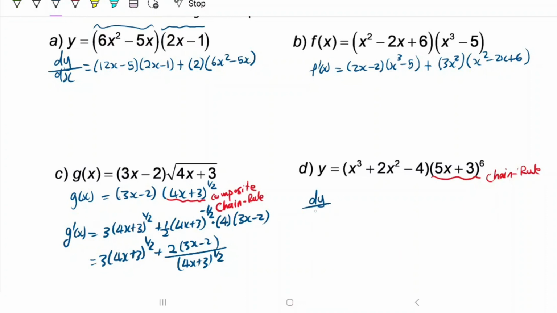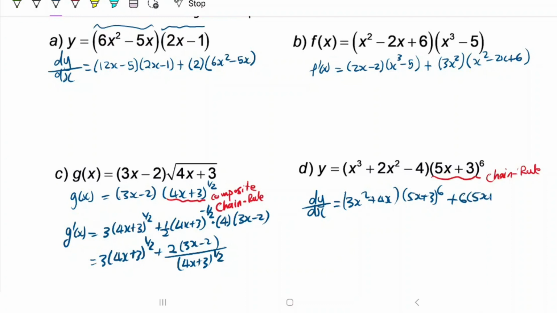Let's see if we can work out dy dx of that quite quickly. We'll derive the first term, 3x squared plus 4x. And then we will keep the second function as it is, to the 6, and then plus we will derive that, but remember that this is a composite function, so we can use the chain rule.